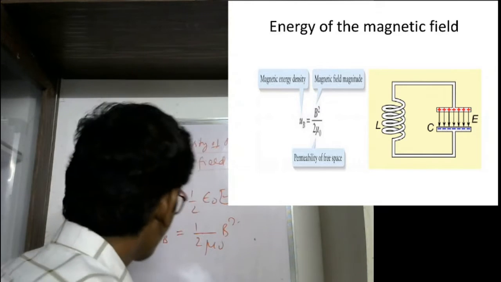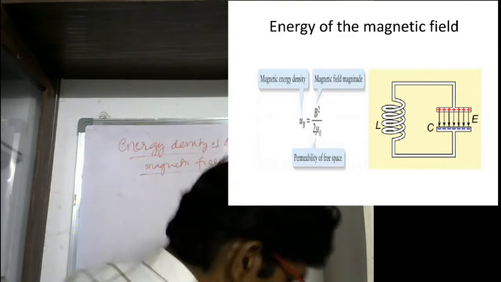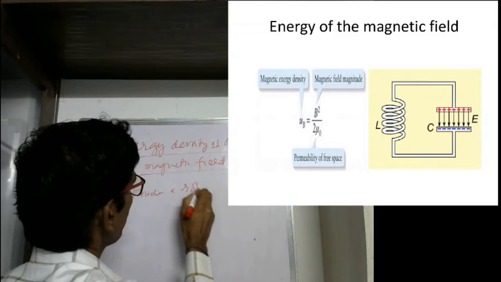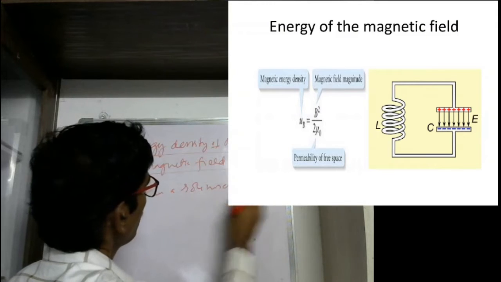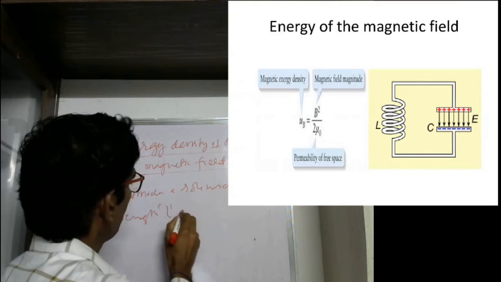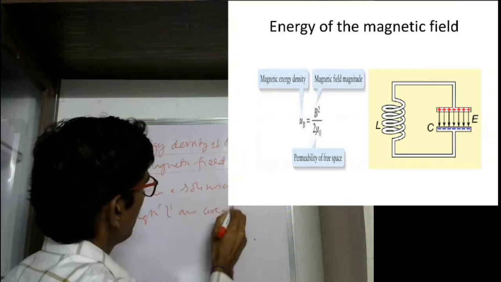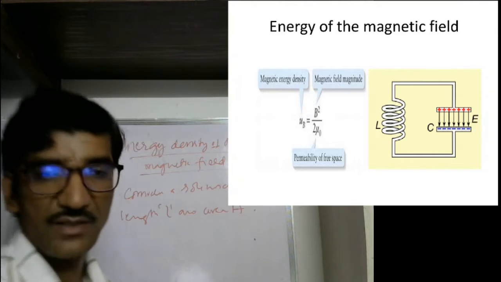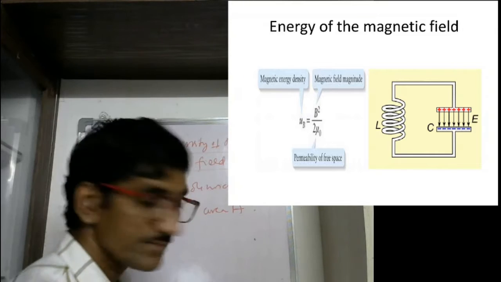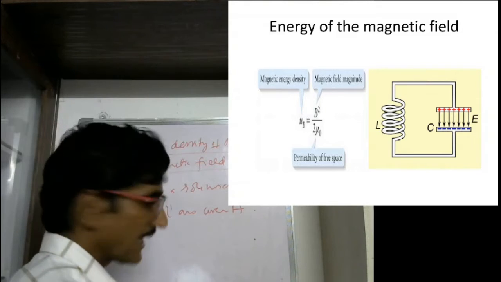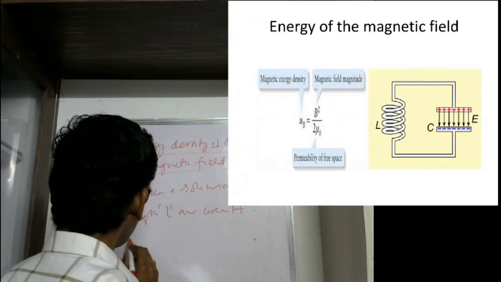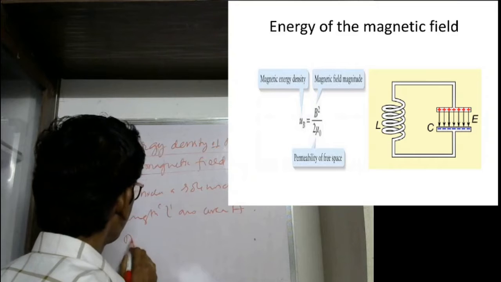Now let us consider a solenoid of length L and area A. First of all, let us take the magnetic field.